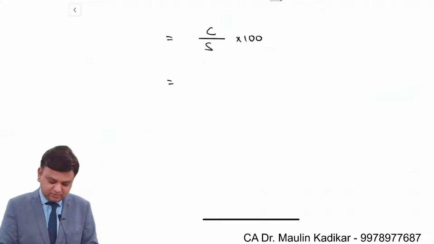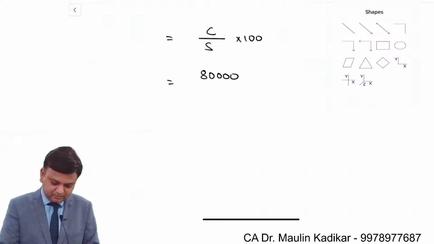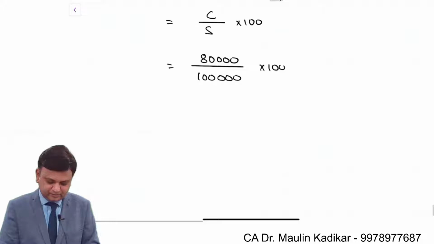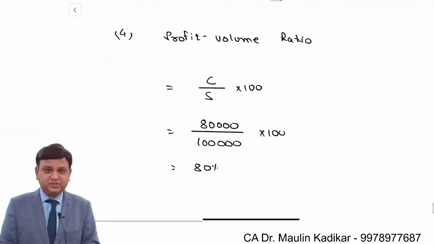Contribution is 80,000, sales is 1 lakh, into 100. That comes to 80%.